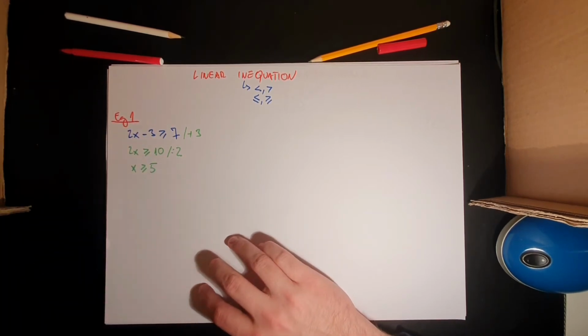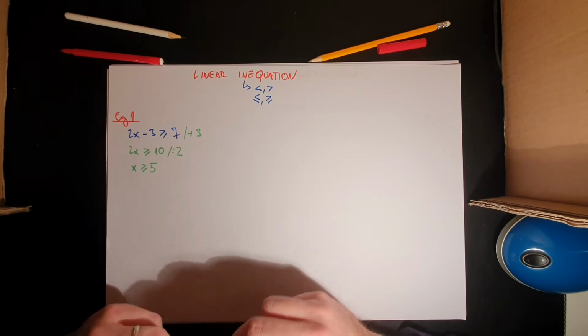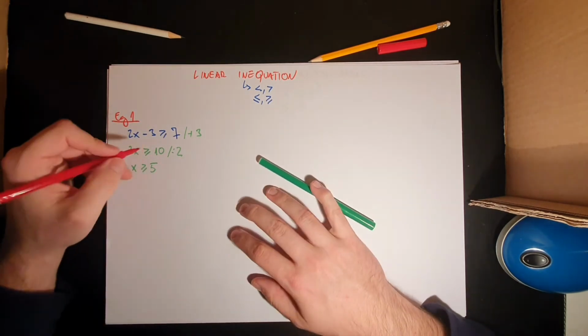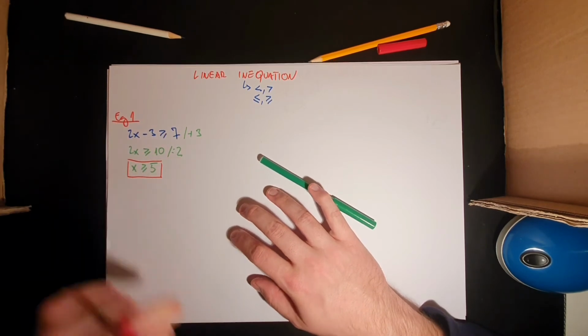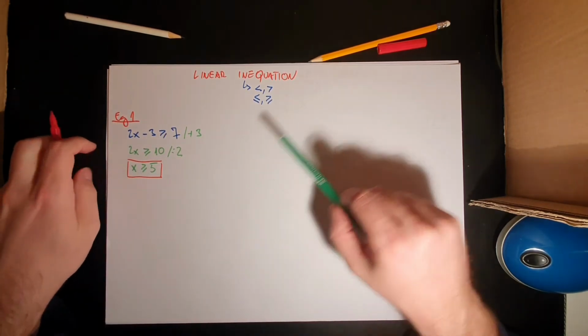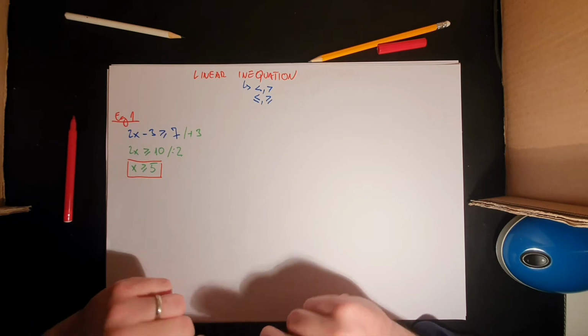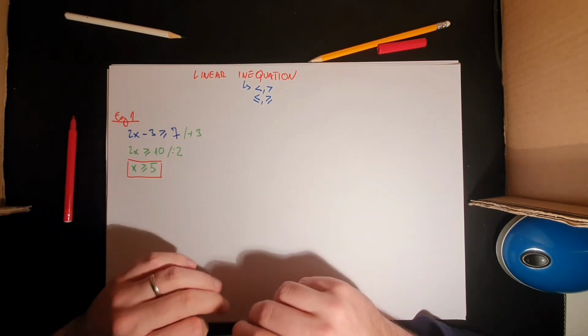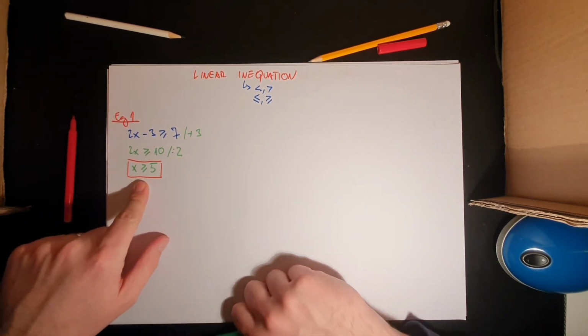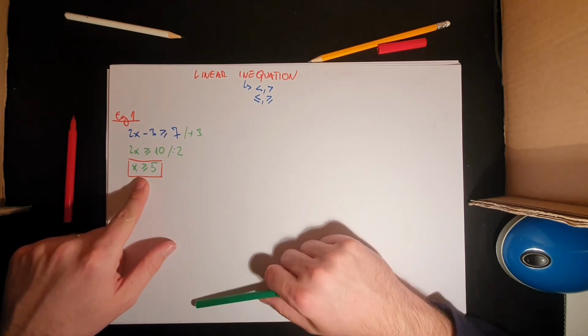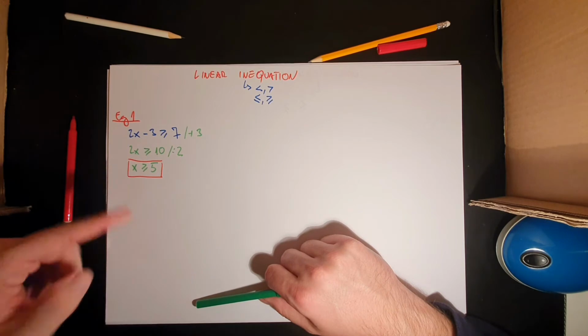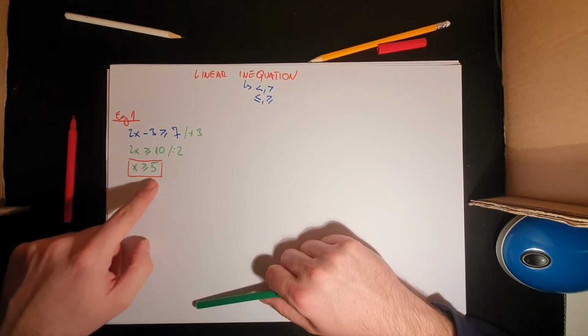Okay, one specific thing about this: this is not the solution itself. Sometimes, specifically for state exams, you can write this down as the solution, but in mathematics we want to finish the task, because this here is still an inequality. The only thing we know is that the unknown is greater or equal to 5.